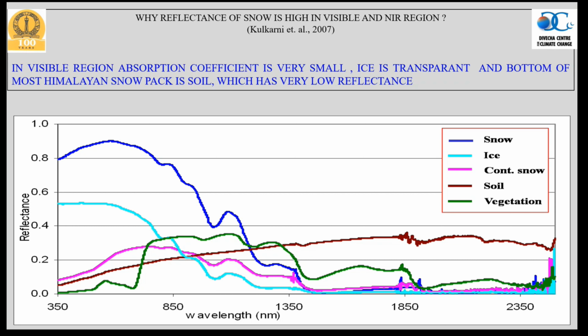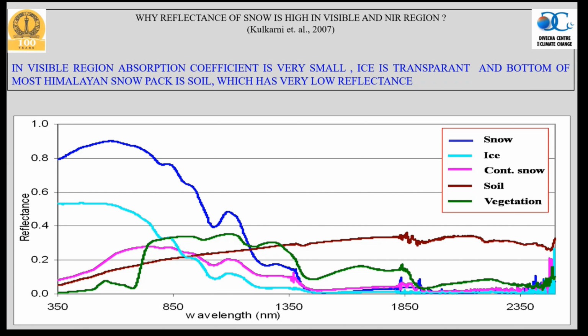You can see this brown color soil, and soil has very low reflectance in the visible part of the electromagnetic spectrum. You can see here, this is very low reflectance. It is around 0.1, whereas snow has around 0.9 reflectance. As you go towards higher wavelengths, the reflectance of soil keeps on increasing.